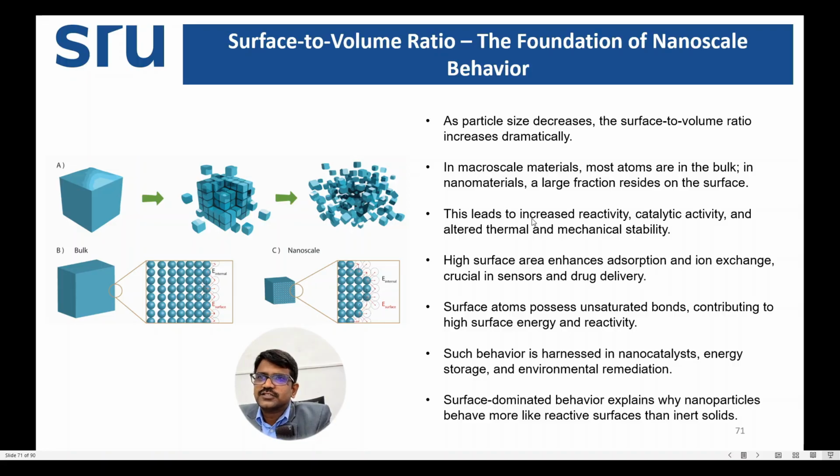This leads to increased reactivity, catalytic activity, and altered thermal and mechanical stability. So the reason is surface to volume ratio. Because most atoms are present on the surface, it brings increased reactivity, catalytic activity, and it can also alter thermal and mechanical stability.